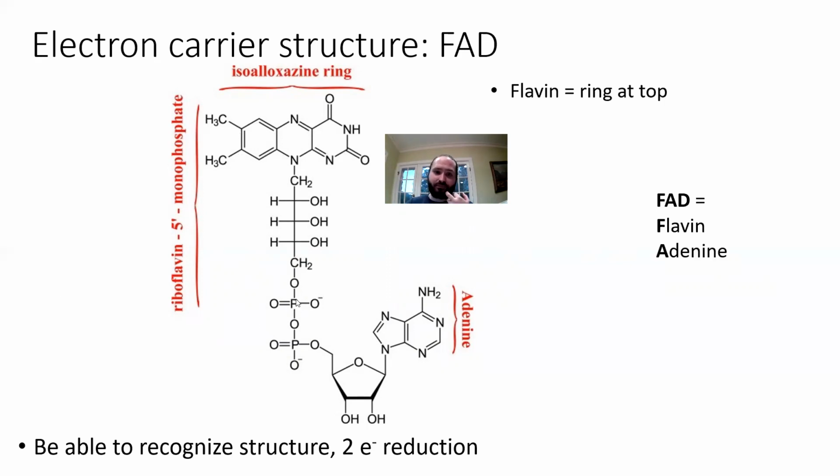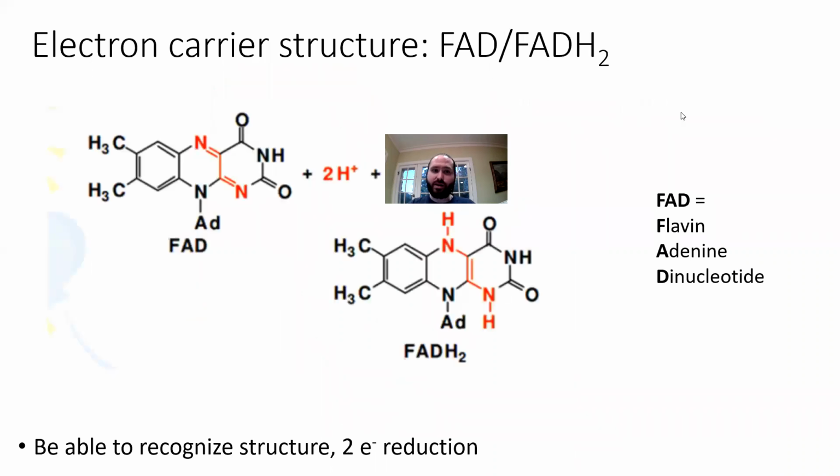And then adenine as well. And then dinucleotide. So we can see here's one ribose. Where's the other ribose? It's a dinucleotide, there should be another ribose. It's linear, yeah, it's in the Fischer projection right here. That's our flavin adenine dinucleotide structure.